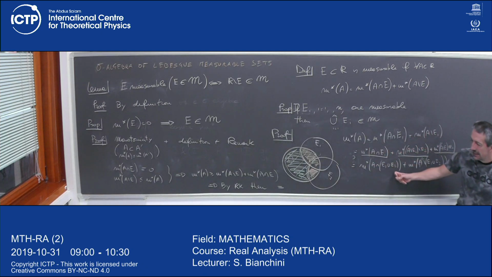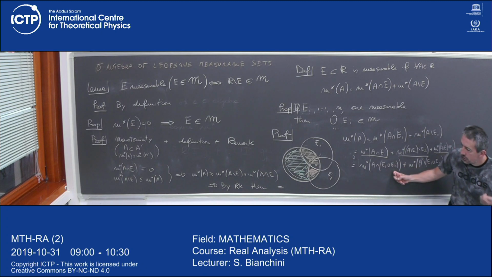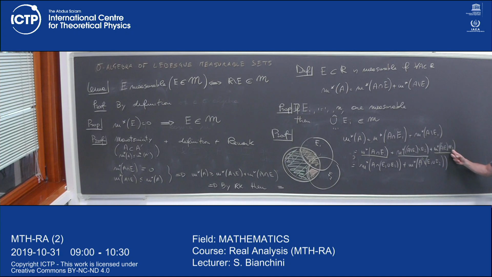So take this set. E1 is measurable. So this set intersection E1 is clearly A intersection E1. And this set minus E1 is A intersection E2 minus E1. Okay? However, the proof is not finished. Why?